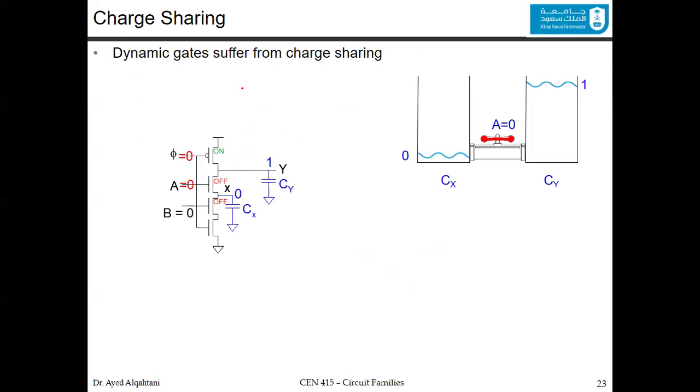There is another problem that could happen also in the dynamic gates, and it is called the charge sharing problem. It happens in the dynamic case, and to understand it, let's say that you have two capacitors filled with water. So you have two buckets, Cx and Cy.